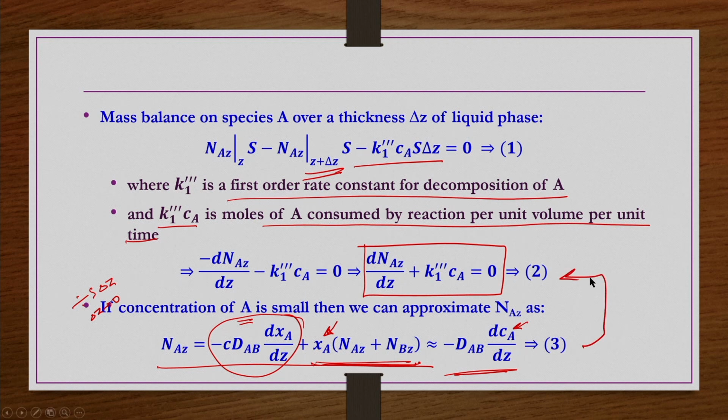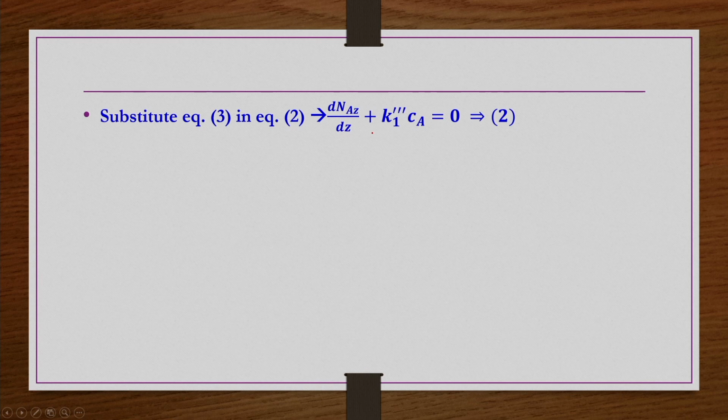If you substitute that in this equation, we have d/dZ of minus DAB dCA/dZ plus K1 triple prime Ca equals 0.